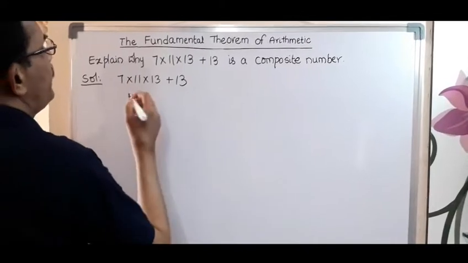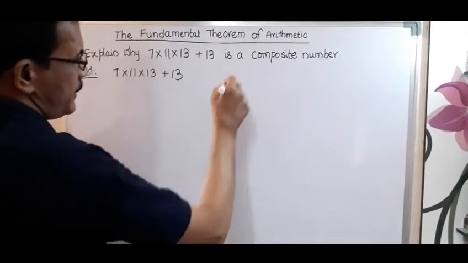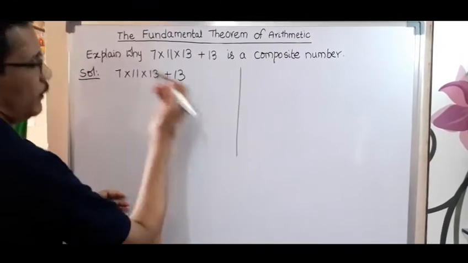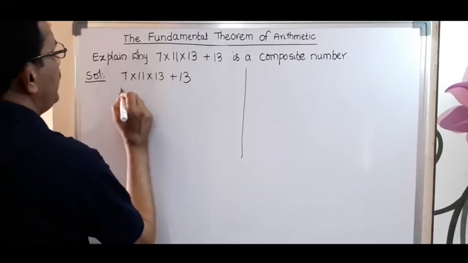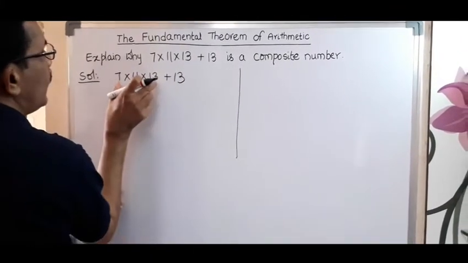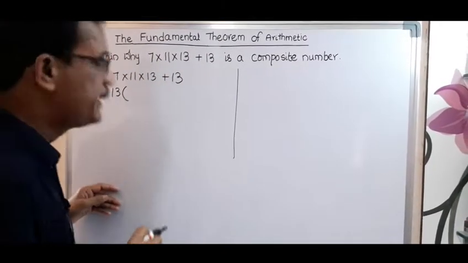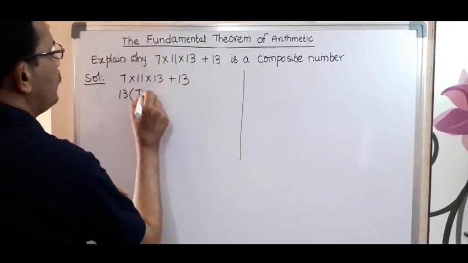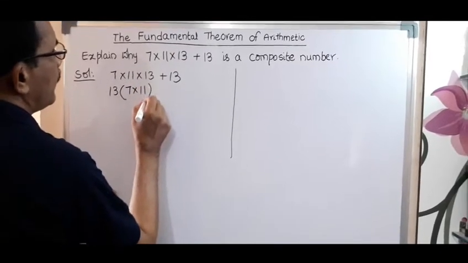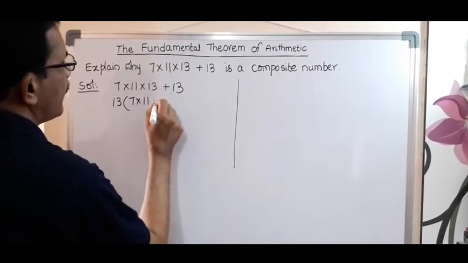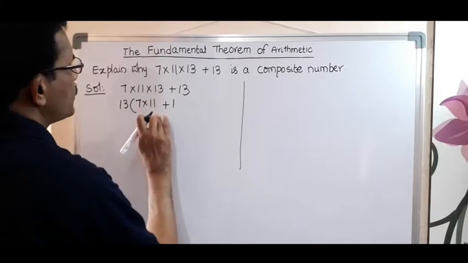Now, I am simplifying, we can do it in two methods. Here in the first method I am taking 13 common. Here this is one term, this is the second term. In the first term and second term 13 is there, so I am taking it common. 7 into 11 plus 1.